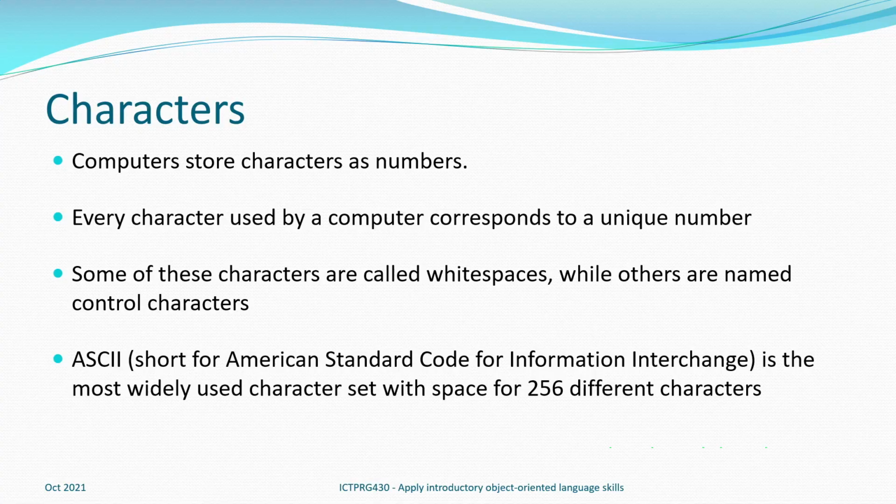The main one that people refer to as a character set is ASCII, which is the American Standard Code for Information Interchange, and it has 256 unique characters in its table.